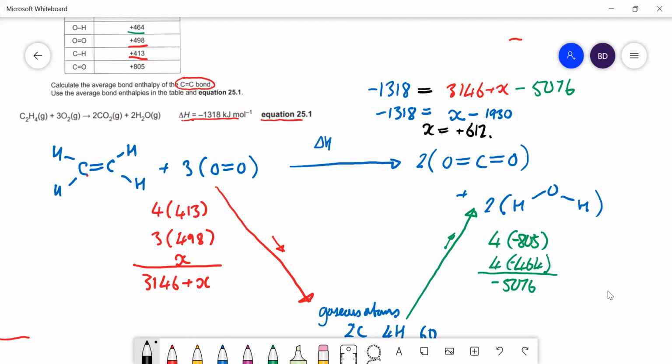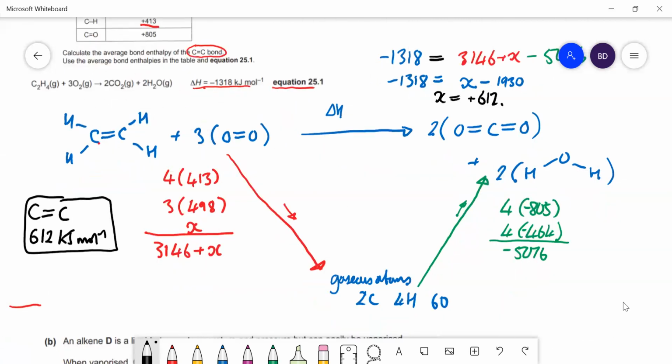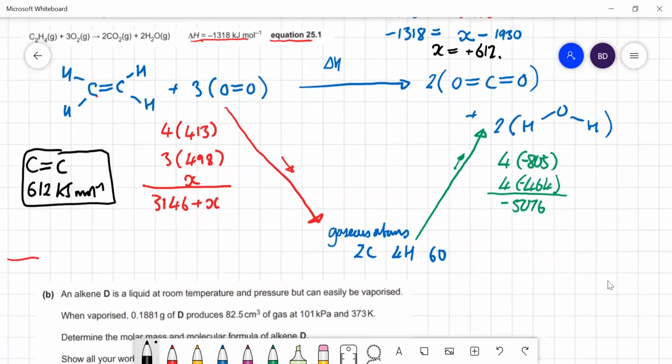So our final answer, we will say that the bond enthalpy of C=C, we don't usually give it a sign, we just give it a number, is 612 kilojoules per mole. And show as much working out as possible there, because if you get the wrong answer and your working isn't easy to follow, you probably end up getting 0 marks instead of the 3 marks that are going for it.